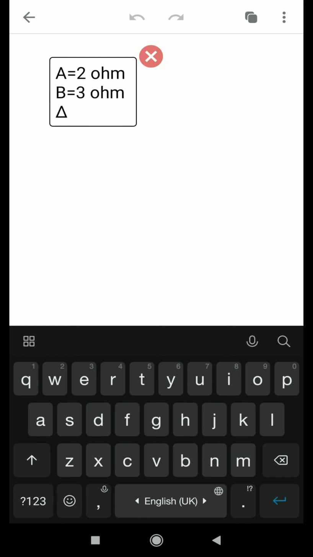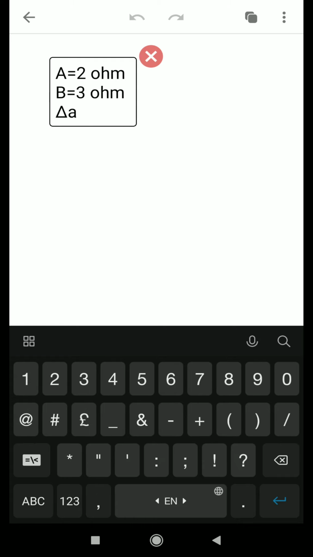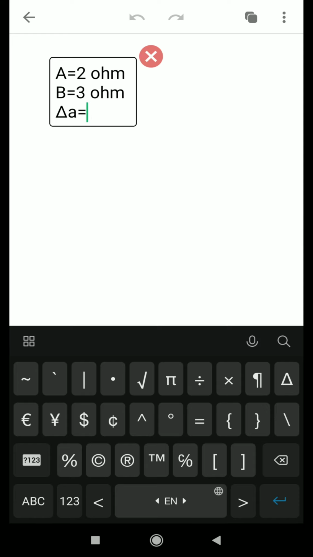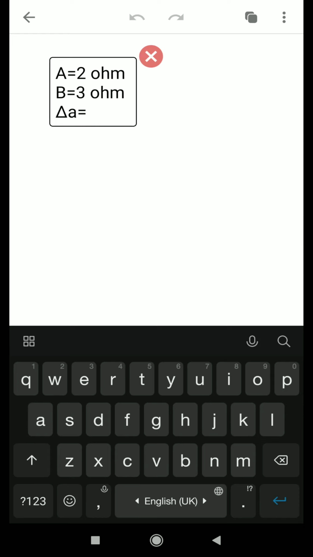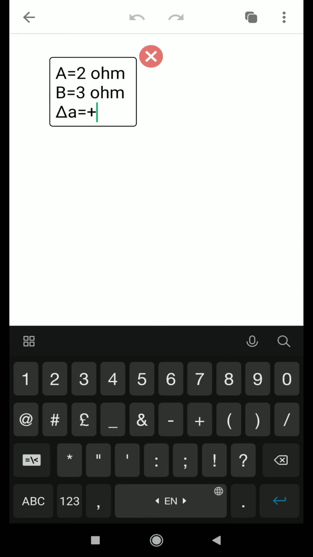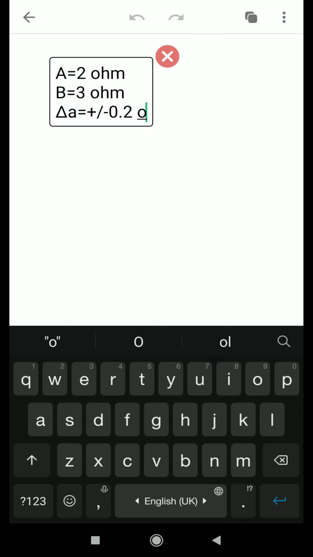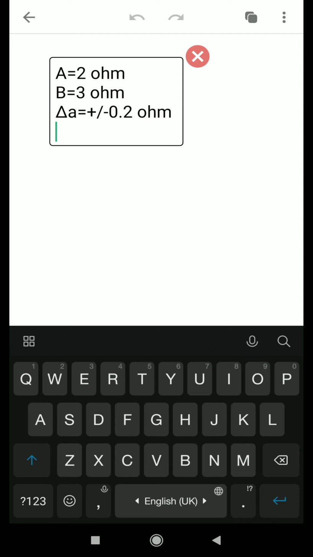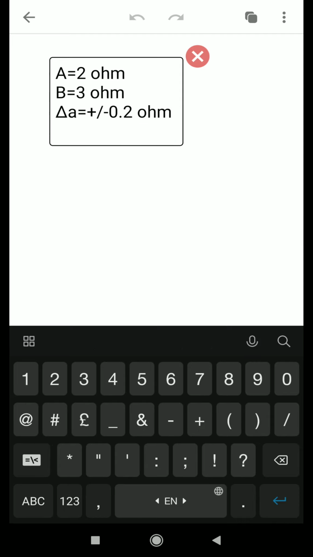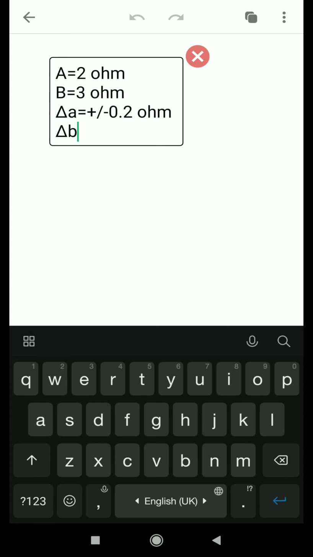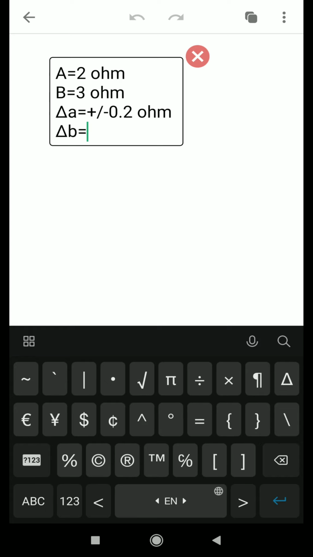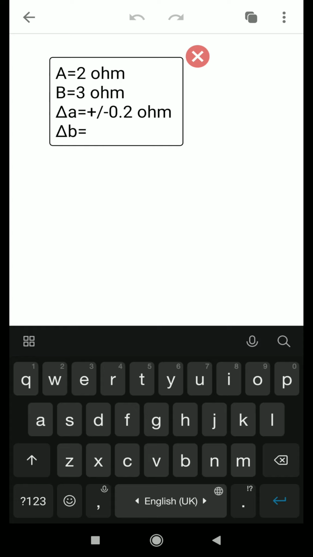So del A is plus or minus 0.2 ohm and del B is plus minus 0.3 ohm.